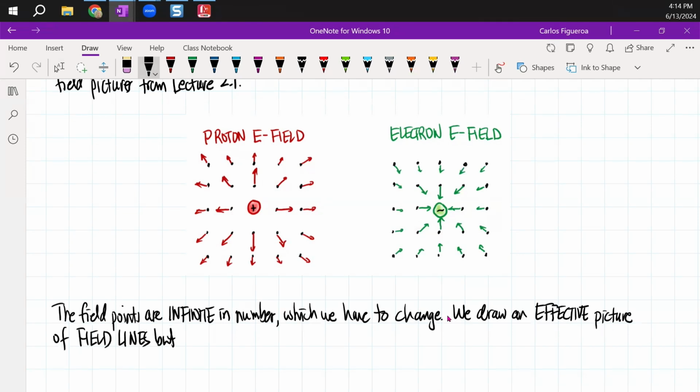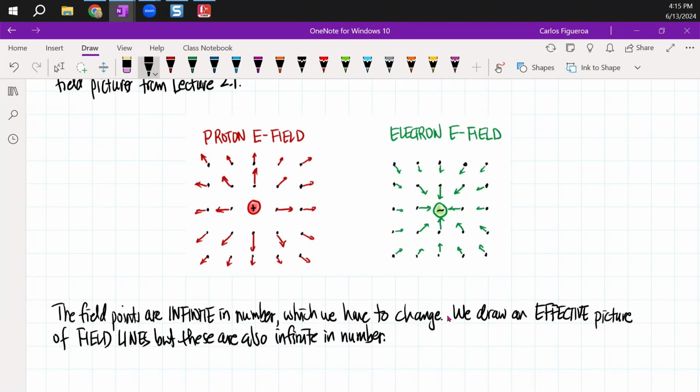But these are also infinite in number. So what we have to do is have an effective model that draws a finite number of lines.